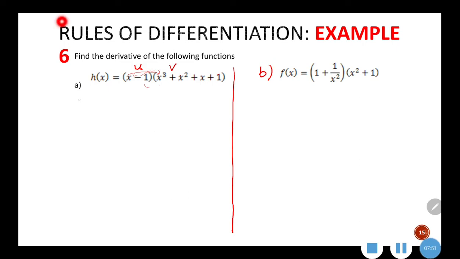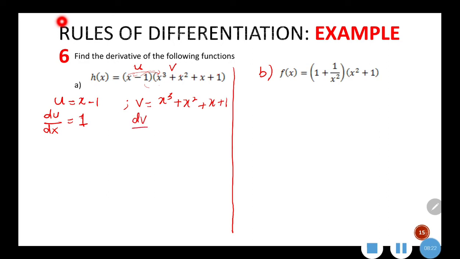So we have the first function, u equals x minus 1. So u prime, or du over dx, is equal to, differentiating x minus 1, you get 1. And the second function, I regard as v, so we have x cube plus x square plus x plus 1.